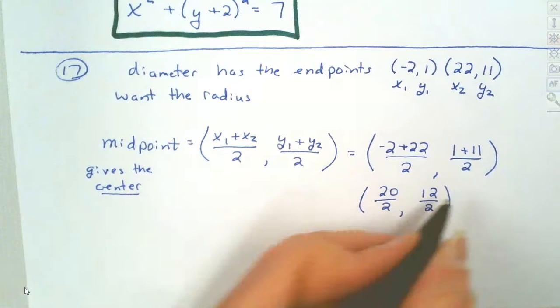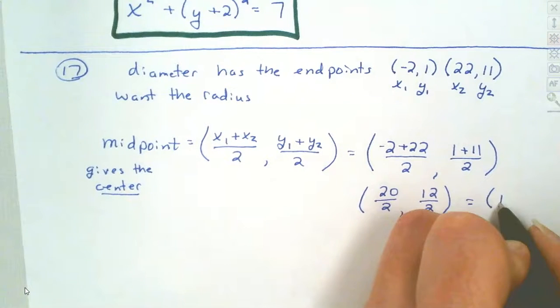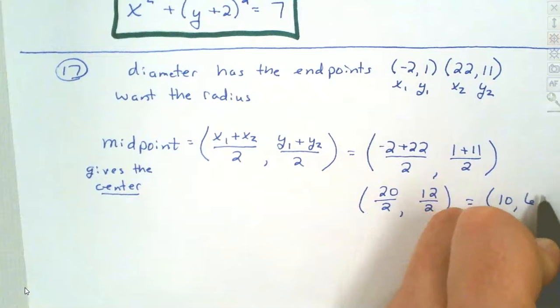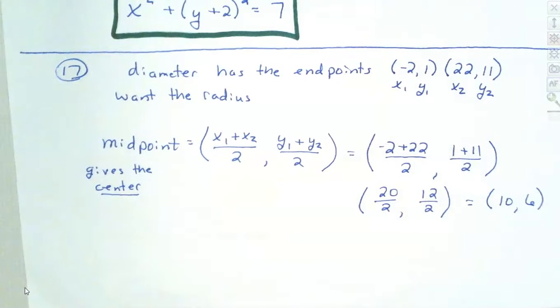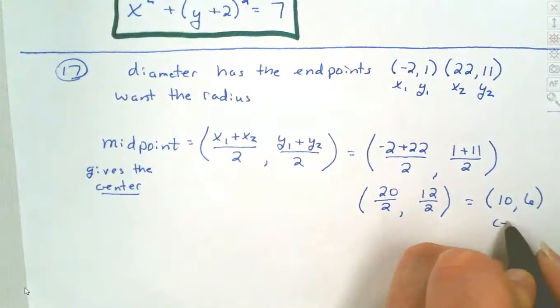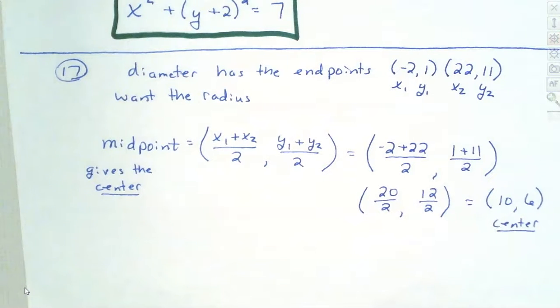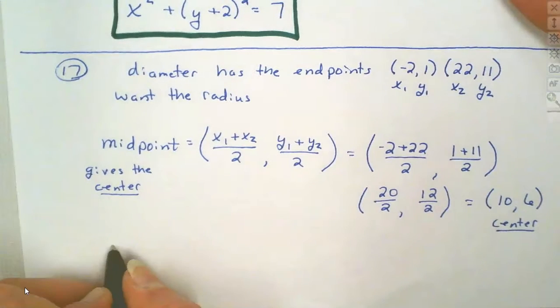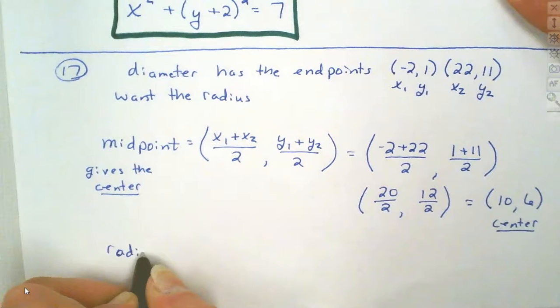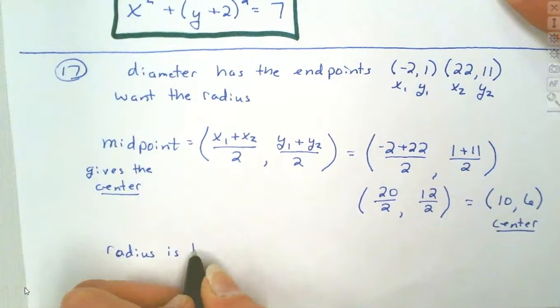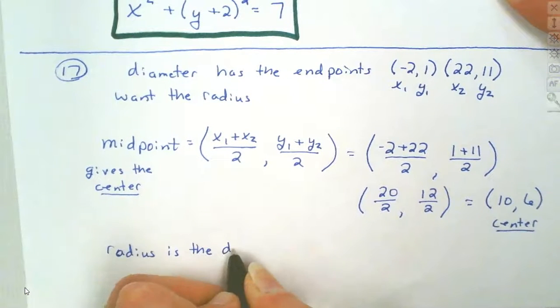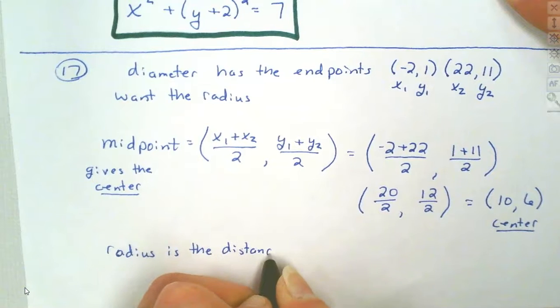And what does that reduce down into? 10, 6. Now that is not our complete answer though. This is the center. How would we find the radius? What is the radius? The radius, remember, is the distance from the center to the outer edge.